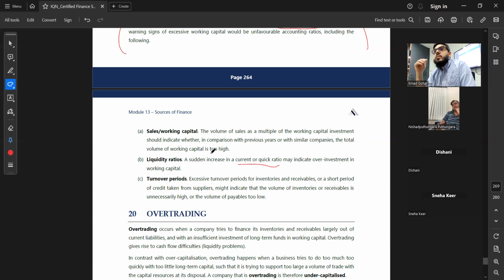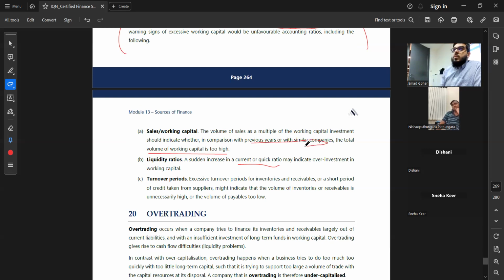Right or not? If your sales are 200 and your working capital is 100, it means again 2. By using $1 of working capital, you are generating $2 of sales.